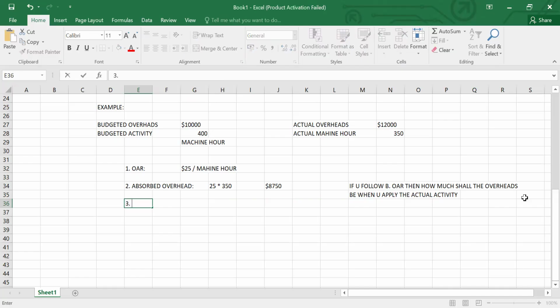So the third step is we calculate the difference. Difference between what? Difference between your actual overheads and absorbed overheads. Remember, it is actual overheads minus absorbed overheads.